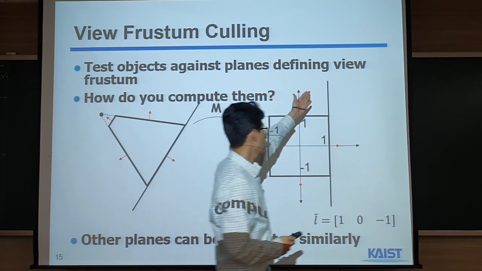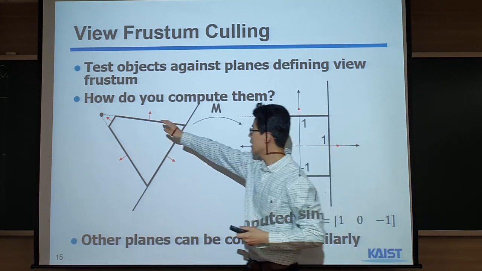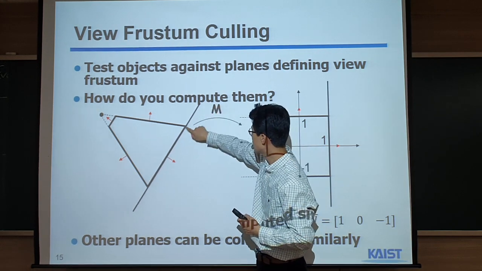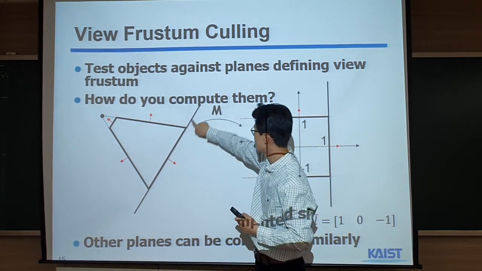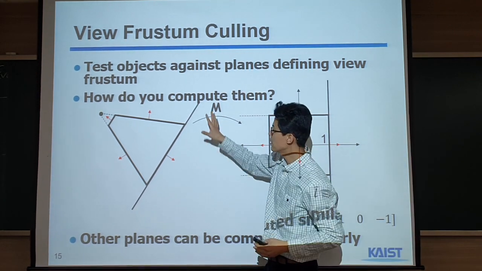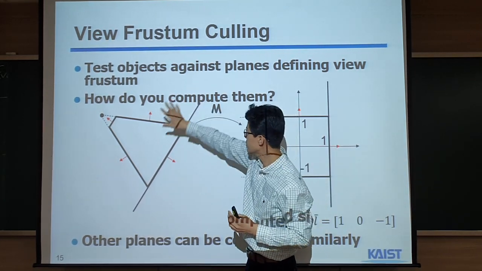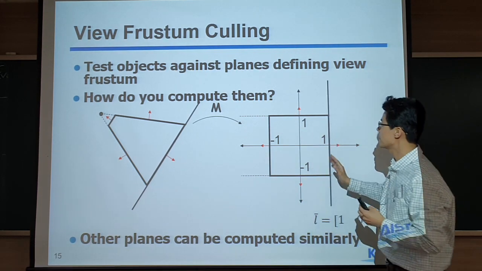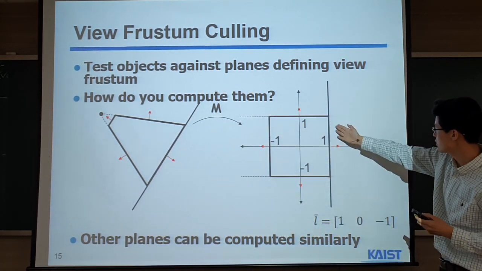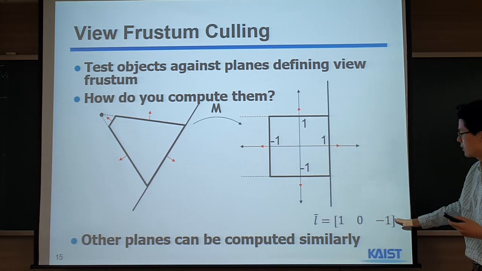In that case, the user defines this viewable information, so for this line or plane there could be some arbitrary coefficients. But we know that if we convert this into NDC space, then this line is mapped to this line, and this line has the line coefficients.